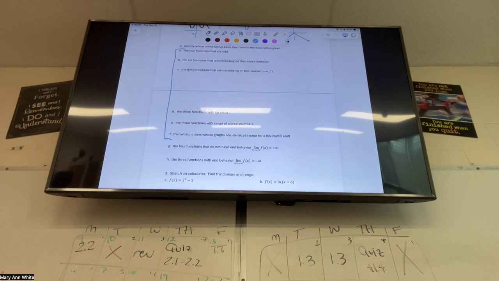Domains are increasing. Absolute value. Where the function, where the function.